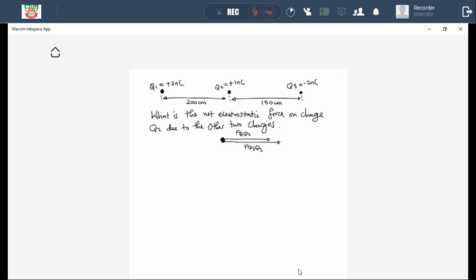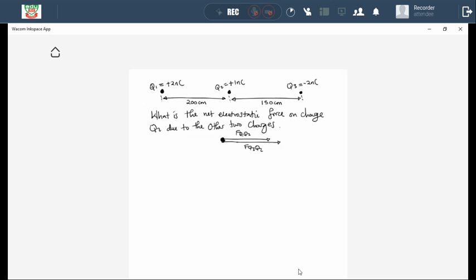So we are focused on Q2, so we draw the free body diagram arrow going to the right. Then between Q2 and Q3, Q3 is negative, that one is positive. Attraction, Q3 will go to the left and Q2 will go to the right. So we are worried about Q2 again. So our direction also for FQ3,Q2 is also going to the right.